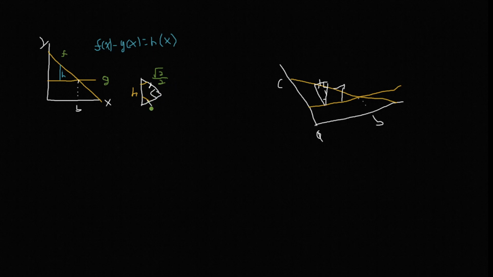And then for this one, the cosine of 45 degrees, or the cosine of pi by 4 radians, is square root 2 over 2 times h. Because, again, these are 45-degree angles, and so the sine is this one, and the cosine is this one. And we can do this because these are right triangles.